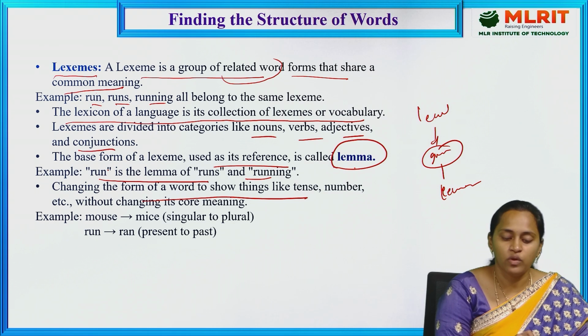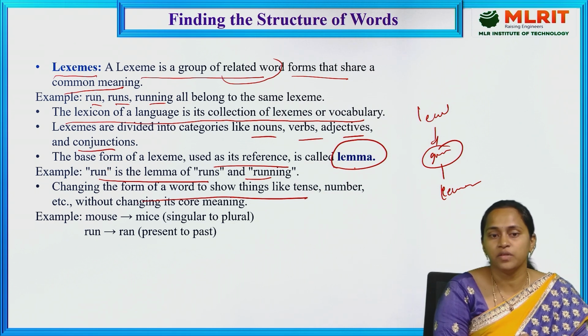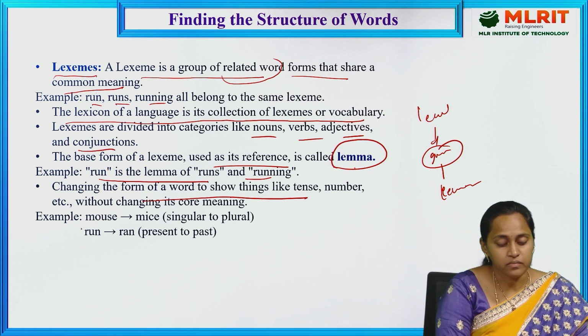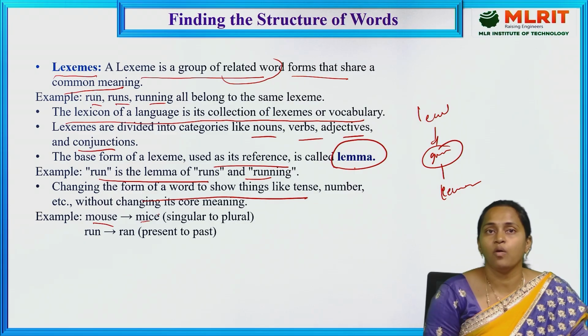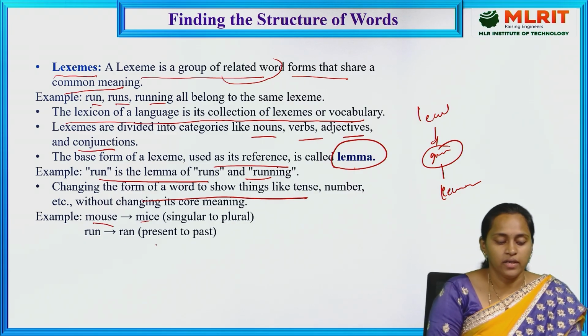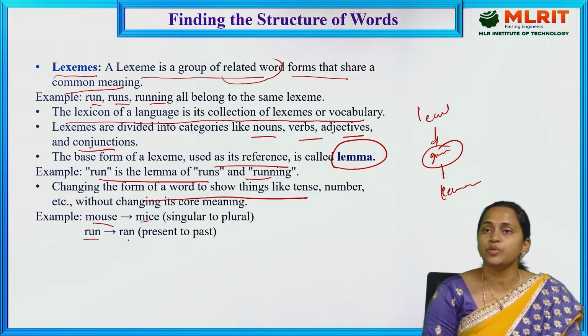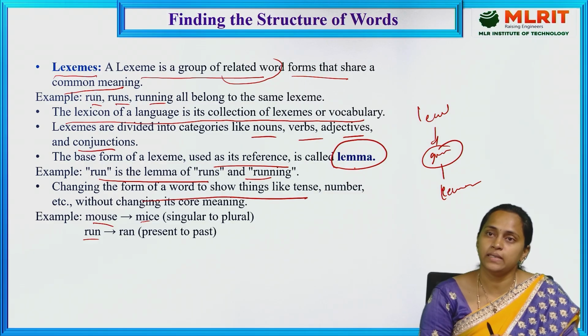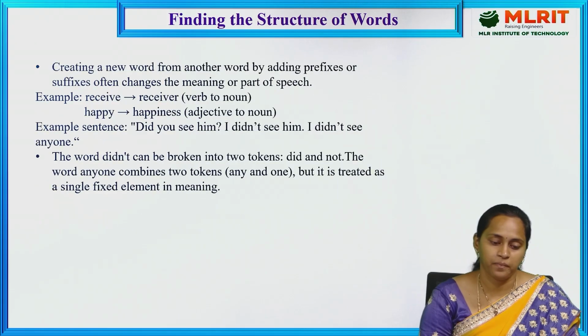Example, mouse is singular and mice is plural. Run, ran, present tense to past tense. This only changes the tense. Lemma is a very important one: lemmatization, lexemes, stemming and lemma.